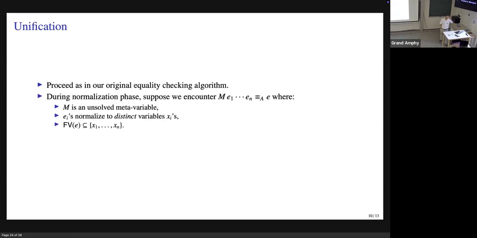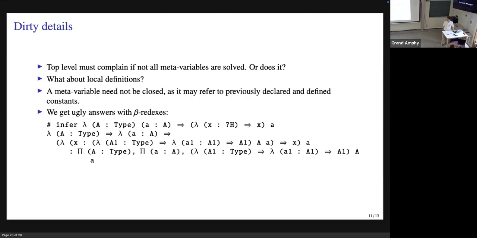If I have defined variables, which normally I do, that interacts with unification. I'm not going to solve all the problems. I'm going to now list dirty details here for you to know what to beware of should you choose to implement something like that. Okay?